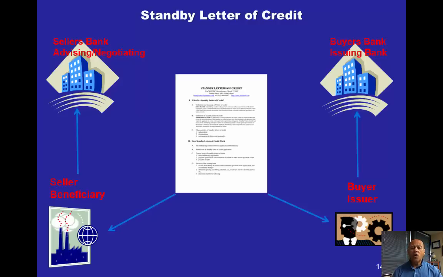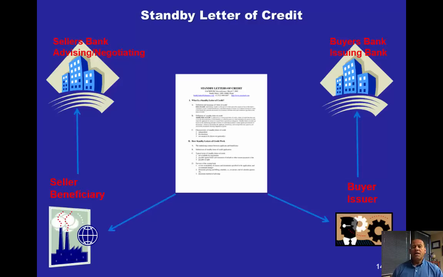Now, a bit of a caution on using standby letters of credit to gain open account terms with a seller. You can end up paying twice if you don't look very carefully at what you've agreed to in terms of payment terms. So for example, let's say that you have 30-day terms with a company overseas. That company has asked you to pay in 30 days.